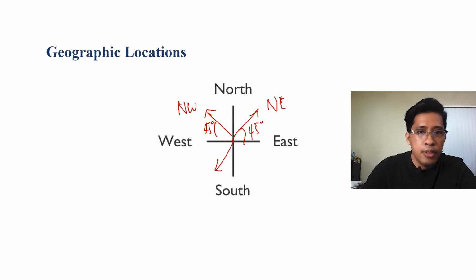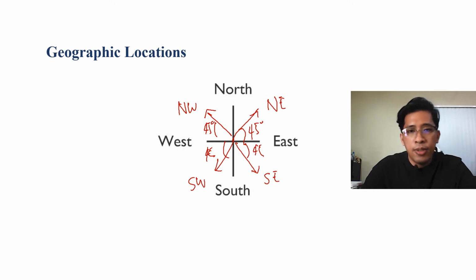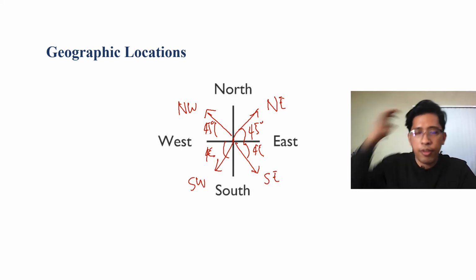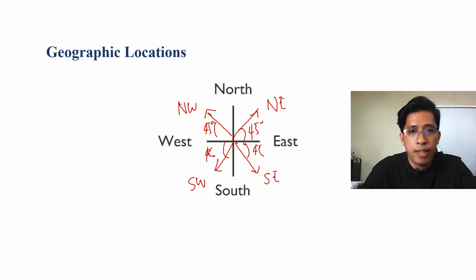Here, 45 degrees, this is your southwest. And then here, 45 degrees, this is your southeast. So all the directions that are at 45 degrees or at the center between your quadrants, you read them as your northeast, your northwest, your southwest, and then your southeast.